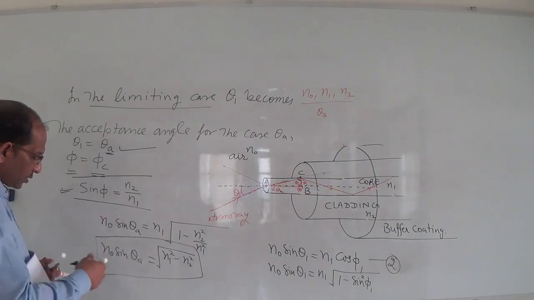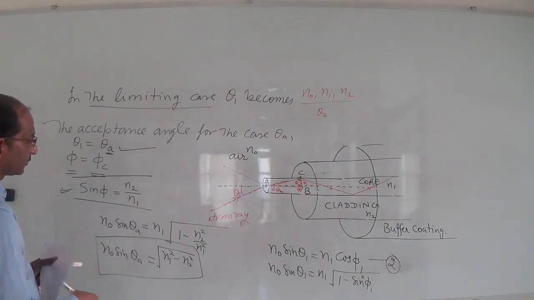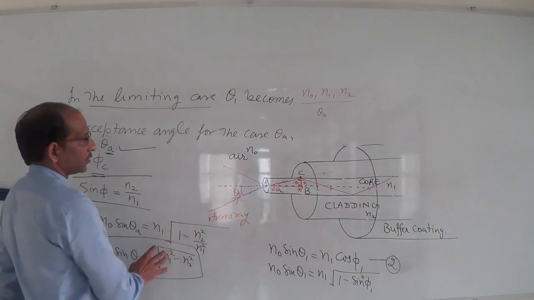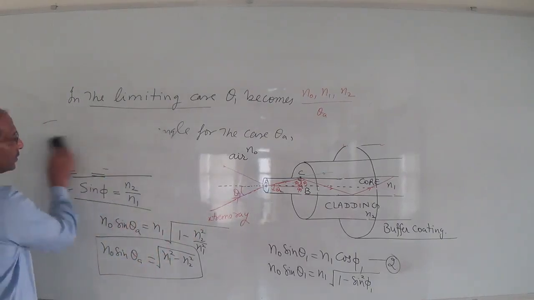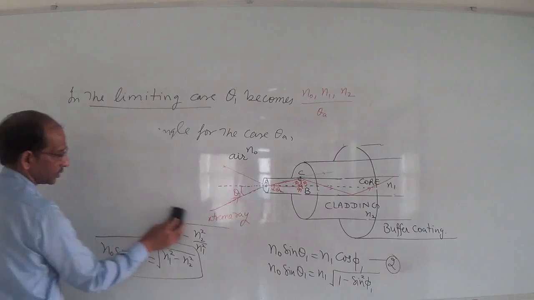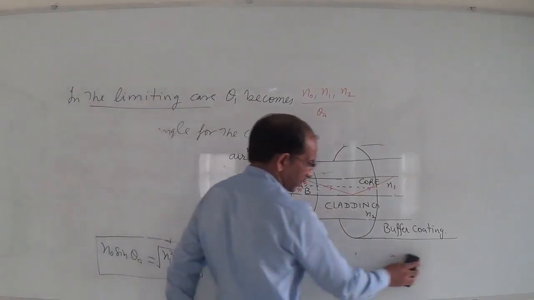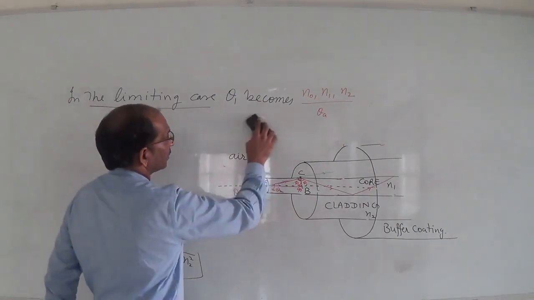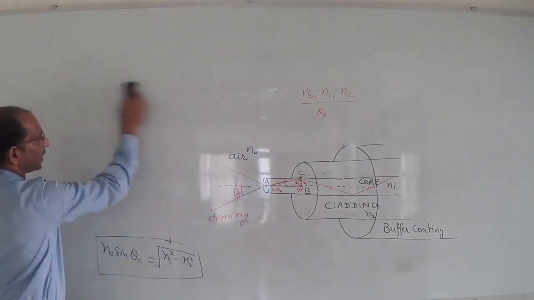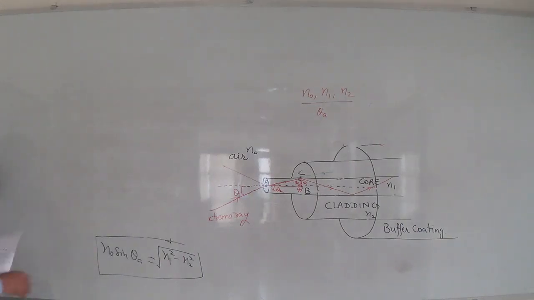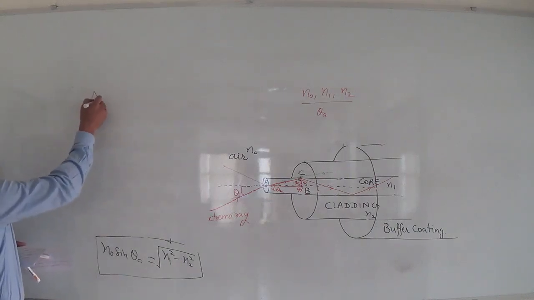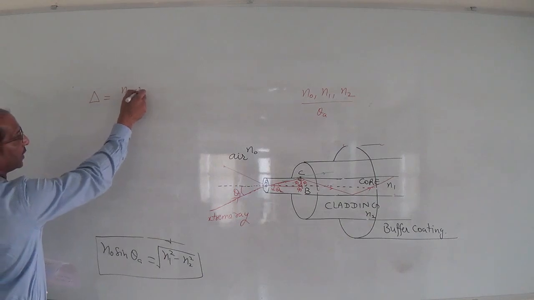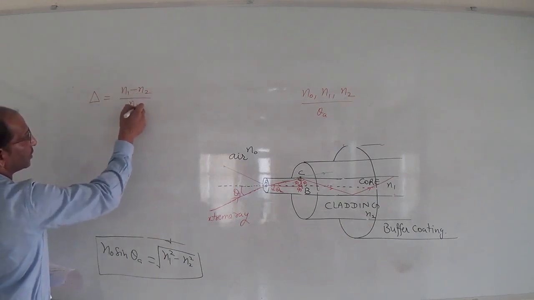So now one more form of the numerical aperture, that is in terms of the fractional refractive index. The fractional refractive index delta is defined by n1 minus n2 upon n1.